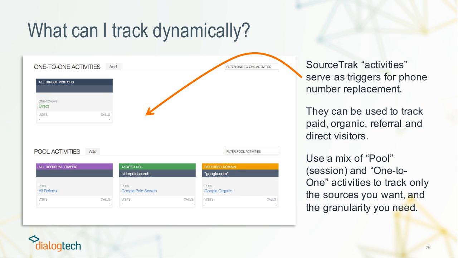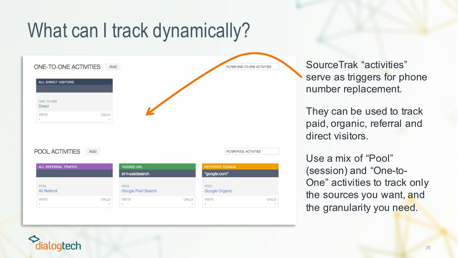So with this, know with Dialog Tech, you don't have to track everything one-to-one. You don't have to track everything at the session level. Track things at the session level that provide you granular, valuable data, right? So it's a pretty common use case for us to set up session-level tracking for paid search. You're bidding on keywords. You want to optimize towards phone calls. That's really important data. Now, you may not make really important optimizations based off direct visitors.